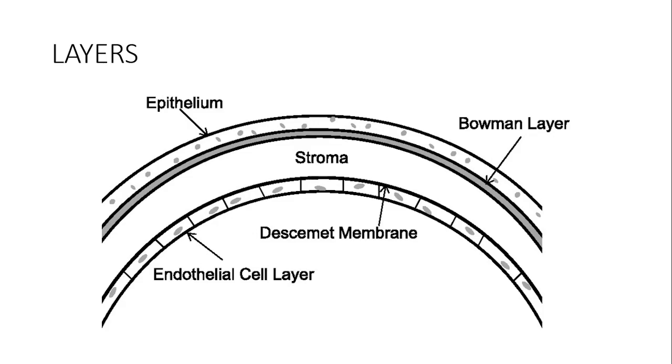In a nutshell, it is secreted and regenerated by endothelial cells. It's rich in type 4 collagen fibers, and it also helps in the formation of the iridocorneal angle, terminating in what we call the Schwalbe's line. That will be at the iridocorneal angle, the Schwalbe's line.